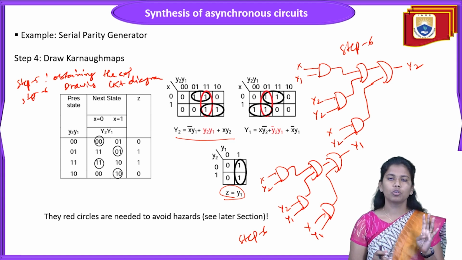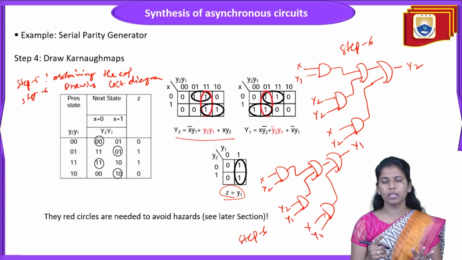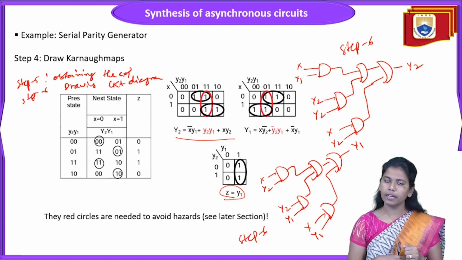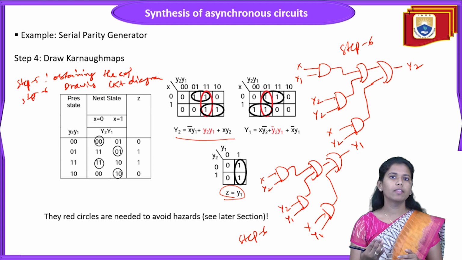Using totally 6 steps we can synthesize. First is the state diagram, then the state table, then the state excitation table, then drawing the Karnaugh maps, obtaining the expressions, and finally drawing the circuit diagram.